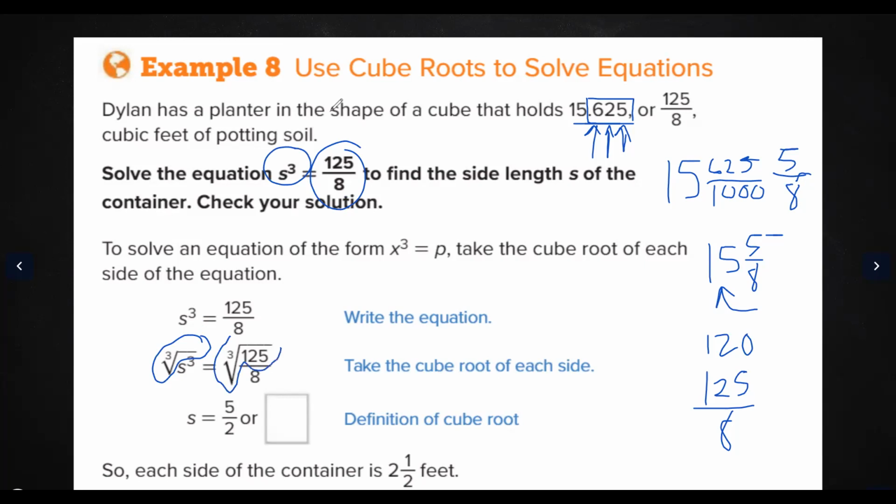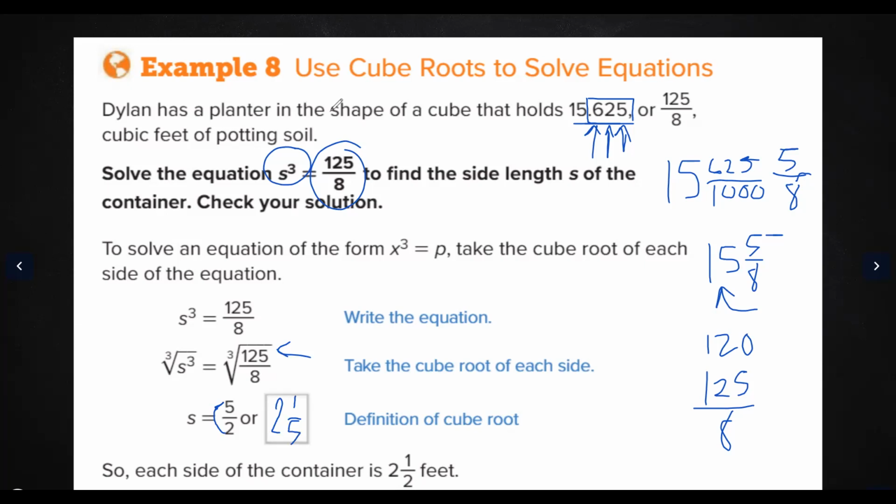We also do it on the other side. Whatever we do on one side, we have to do on the other one. So we need to get the cube root of 125, which is 5. And we need to get the cube root of 8, which is 2.